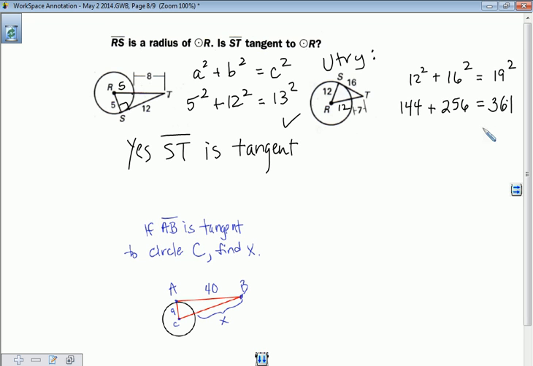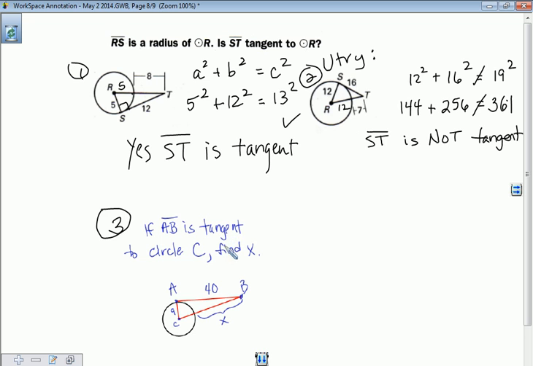Okay, so what do you guys think? Is this a right triangle? No, it's not. They do not equal. So in this case, ST is not tangent.